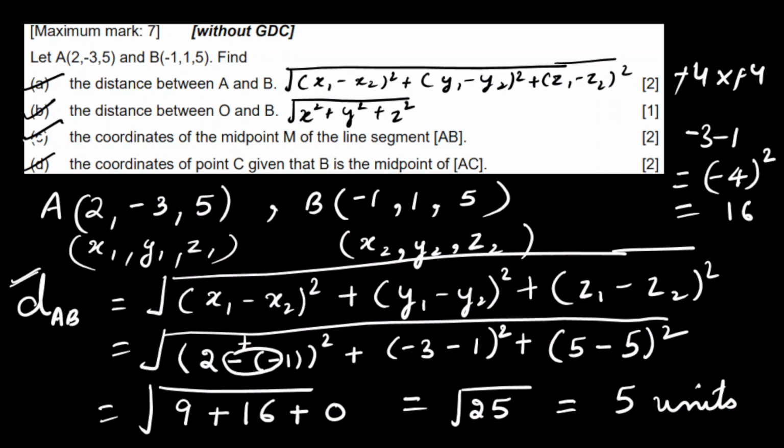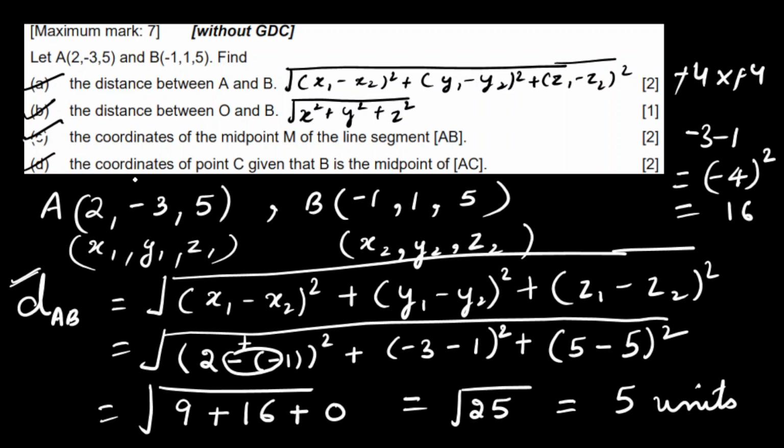Now the D part. The coordinates of point C, given that B is the midpoint of AC. So we have to find the coordinates of C. What's given here is that B is the midpoint of AC.